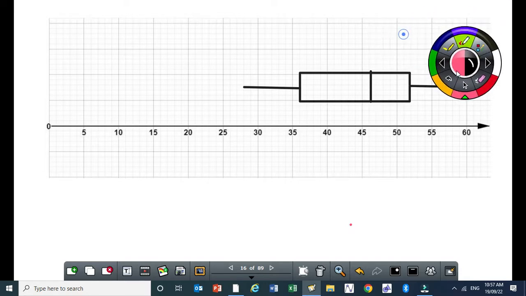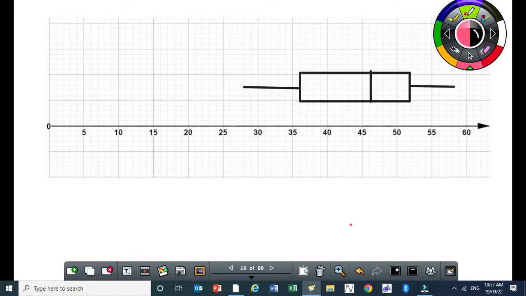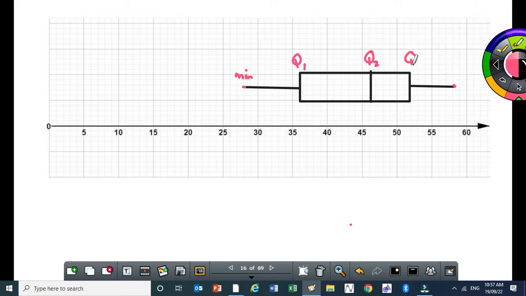Then we have got our minimum here. Then we have got Q1 and Q2, which is the median, and then Q3, which is the upper quartile, and then we've got the maximum. So this will be the box and whisker diagram for that data set.